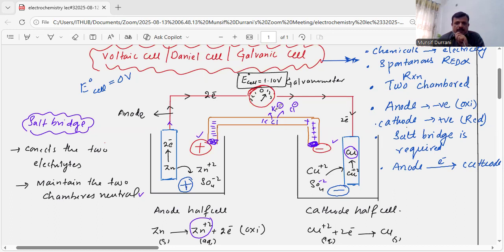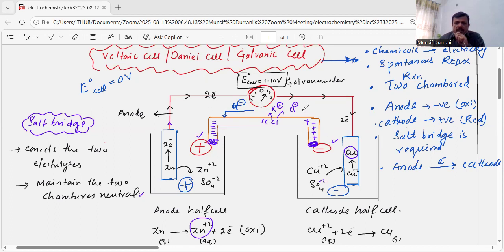In KCl, the potassium carries positive charge while chlorine carries negative charge. As the anode half cell is positively charged, all chloride ions will move towards the anode half cell. Why? Because this chamber is positively charged, so these negative charges will neutralize this positive charge.